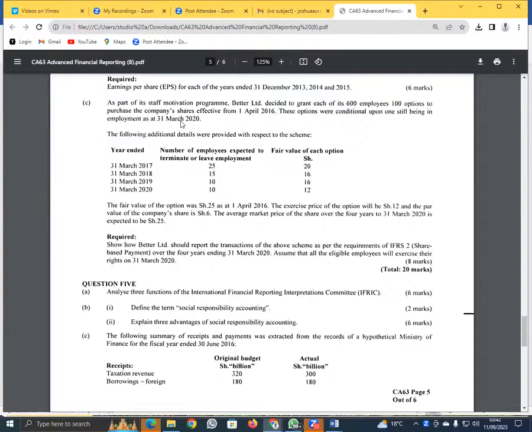That's when we shall be able to give them the shares. So can somebody give me the number of years between the grant date and what we call the vesting period, when they will vest? So grant date 1st April 2016 to 31st March 2020. How many years do we have there?